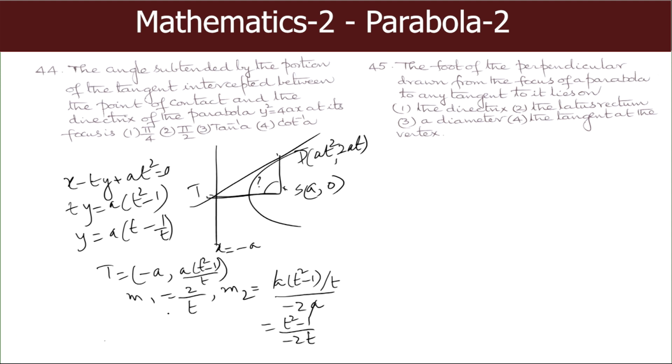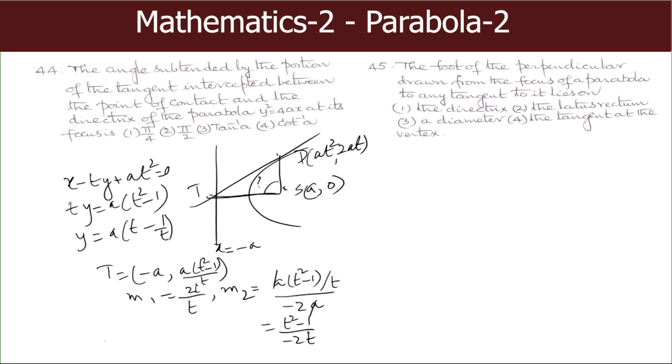The question: the portion of the tangent intercepted between the point of contact and the directrix of the parabola at its focus. So slope of ST is t square minus 1 by minus 2t, and SP is the line joining S and P, 2at minus 0 by a into t square minus 1, a can be cancelled, so 2t by t square minus 1.